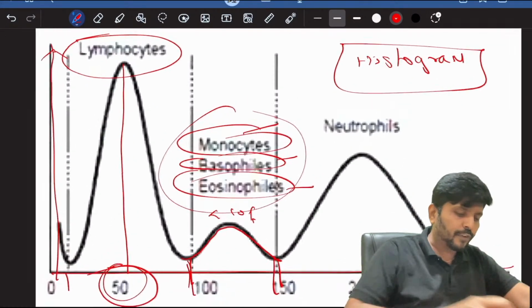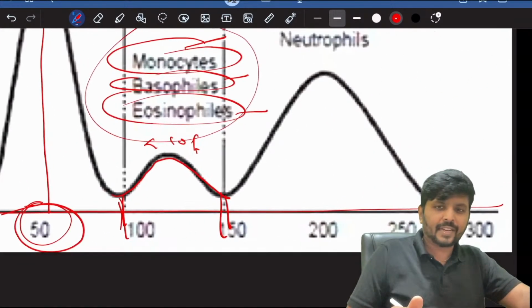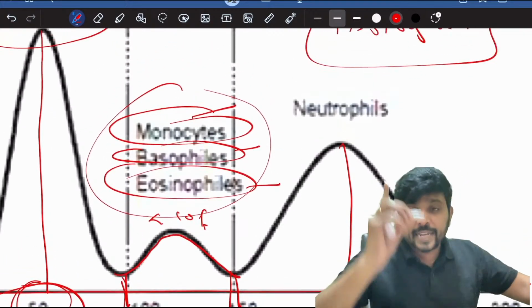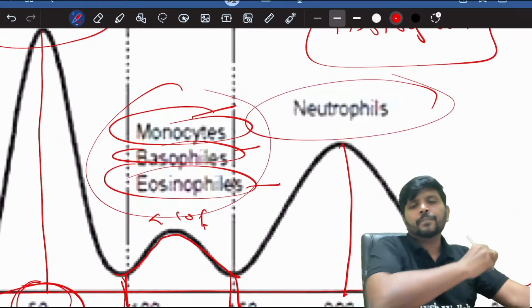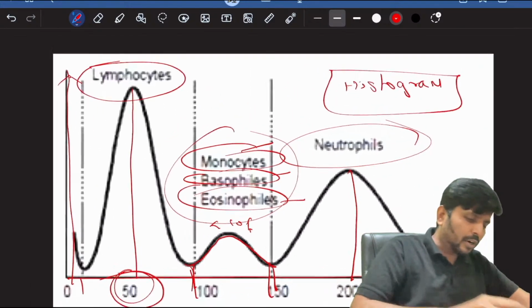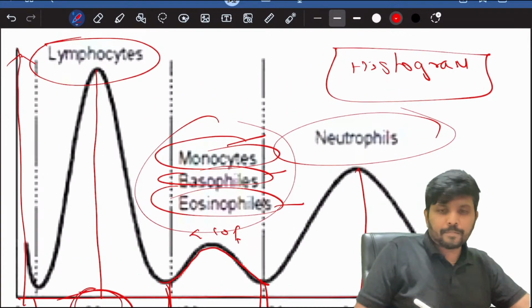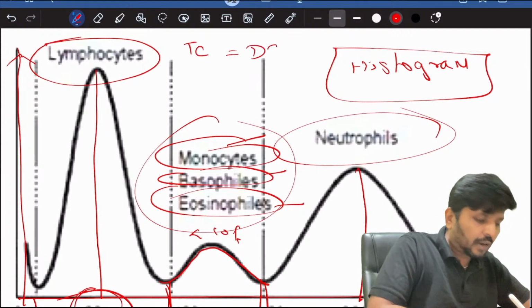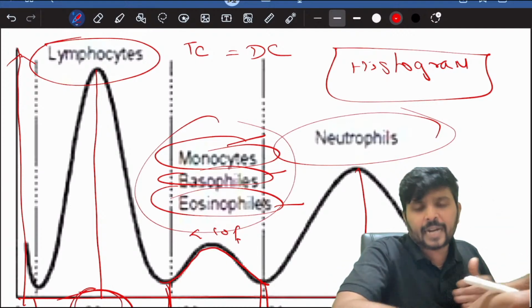And then neutrophil. What is the average size of your neutrophil? Look at this, the average size of your neutrophil is around 200 femtoliters. So any cell which is 200 femtoliters will be counted as a neutrophil. And look at this, the peak of lymphocyte is high. So what does it mean? In the total count, you have a differential count. Differential count means what percentage is contributed by that particular cell.